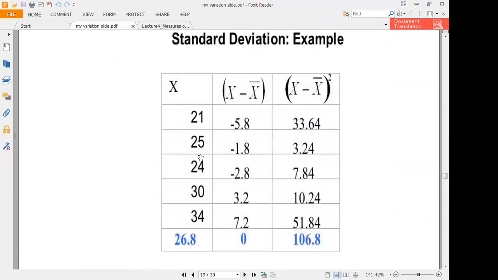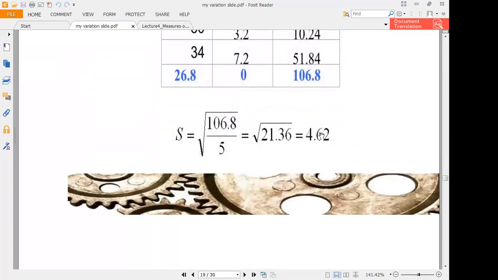What we are saying is that if you add any number to all these data, for example, instead of having a data set of 21, 25, 24, 30, 34, you can decide to add 10 to all of them and get 31, 35, 34, 40, 44. If you try to find the standard deviation and the variance of this data set I just mentioned, you will still realize that it is the same as what we have calculated here.